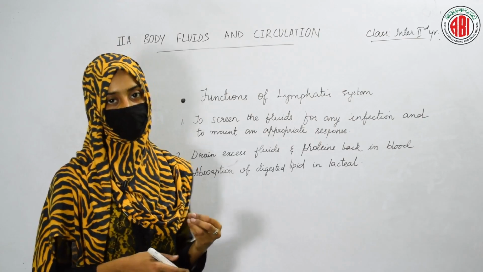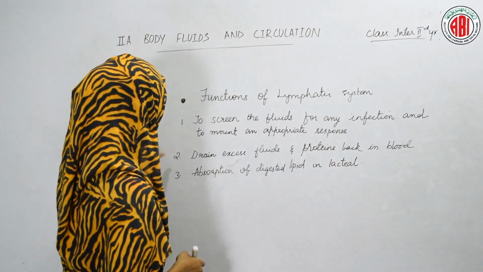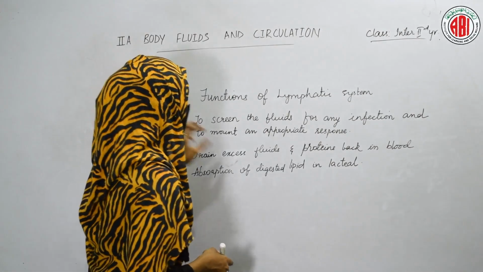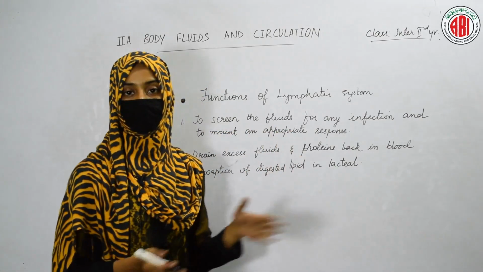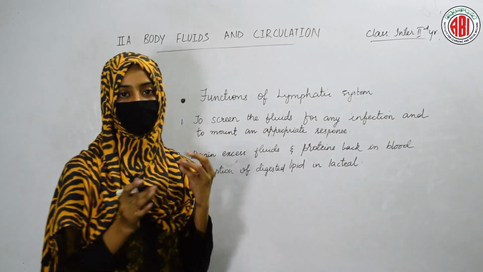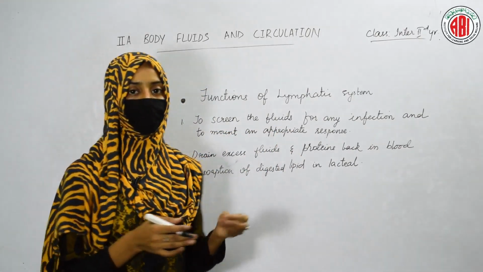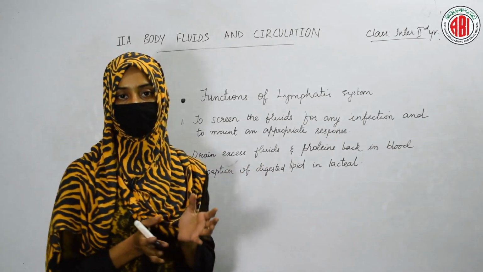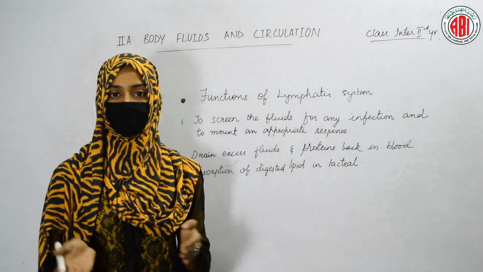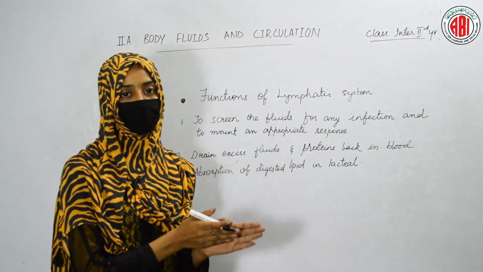The lymphatic system also helps to drain excess fluids and proteins back into the blood. If an excess amount of proteins or fluids is present in the lymph, it is sent back to our blood.